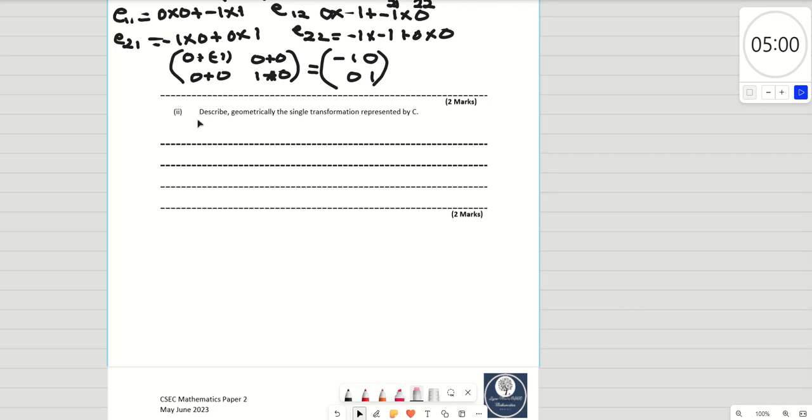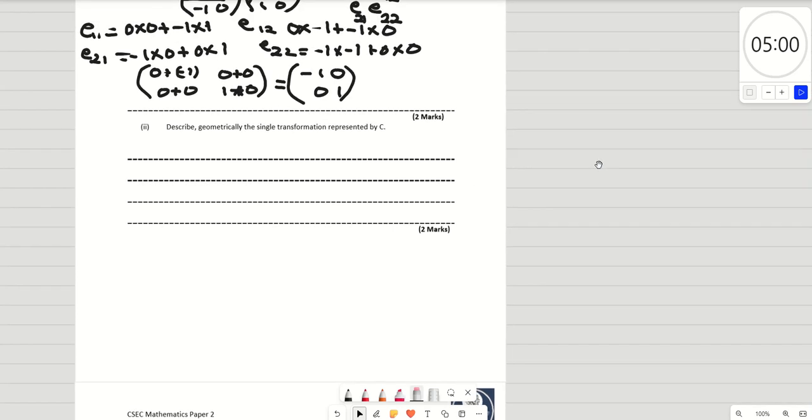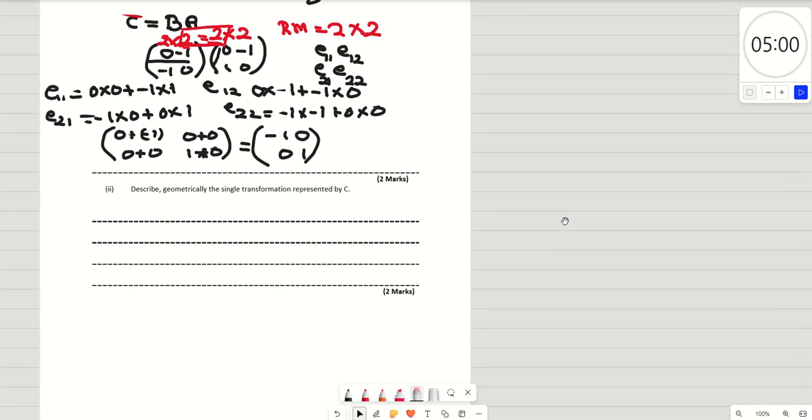Now, they told you to describe geometrically the single transformation represented by C. This is something you have to know. When you have minus 1, 0, 0, 1, I think it is y equals x, if I'm not mistaken.